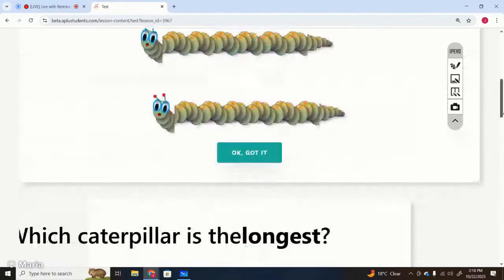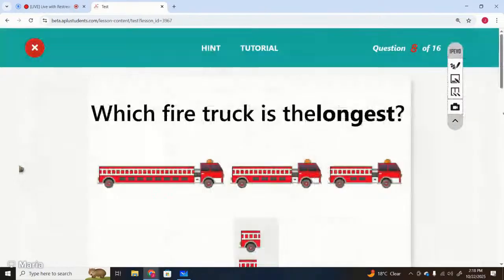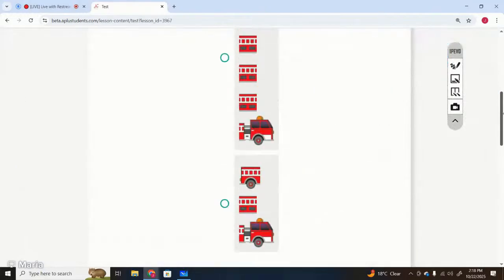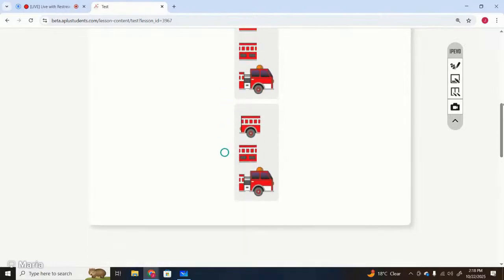The first one is the longest actually. Which fire truck is the longest? Option number two is the correct option.